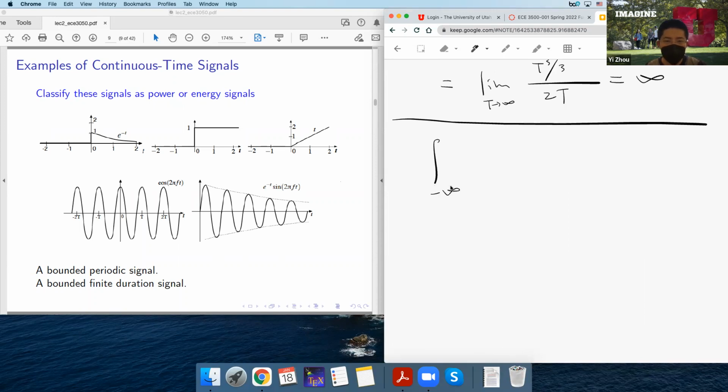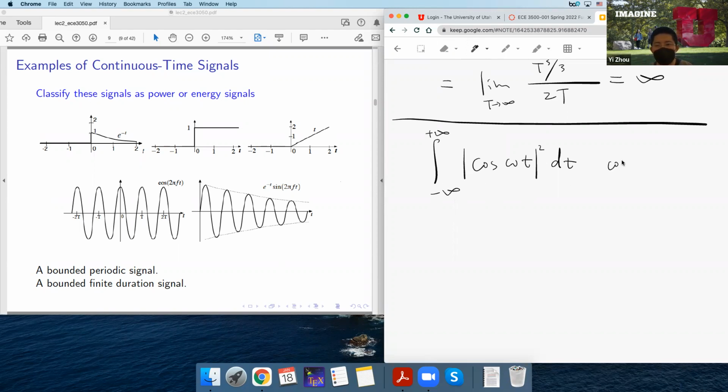Doing this mathematically, this is how you calculate that. So you have this. It's a periodic signal, cosine omega t. I should write the magnitude to the power of 2, but cosine is just a real number, so we can ignore that.